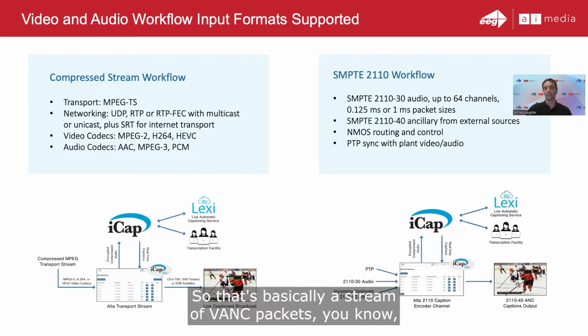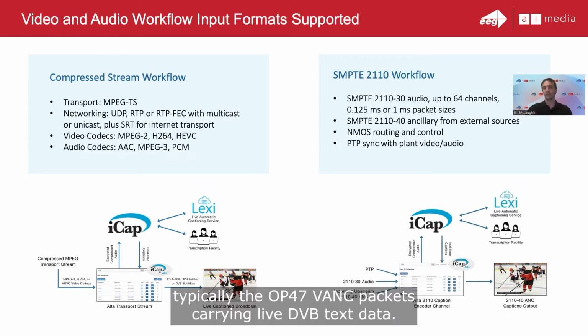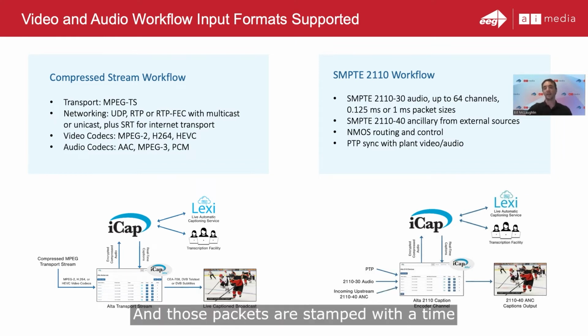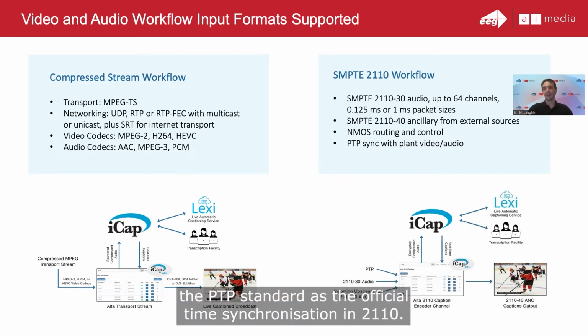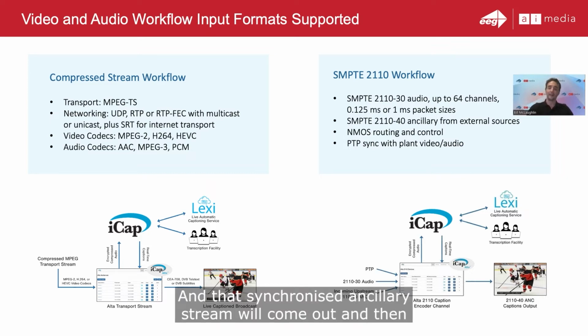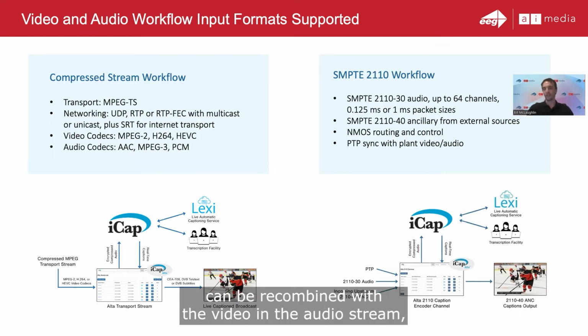So that's basically a stream of VANC packets, typically the OP47 VANC packets carrying live DVB text data. And those packets are stamped with a time synchronized timestamp using the PTP standard as the official time synchronization in 2110.